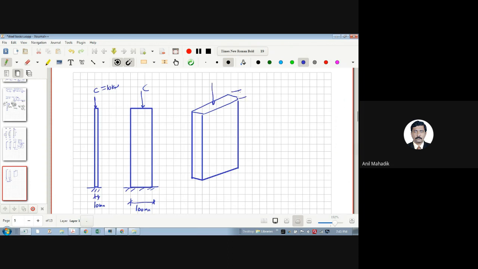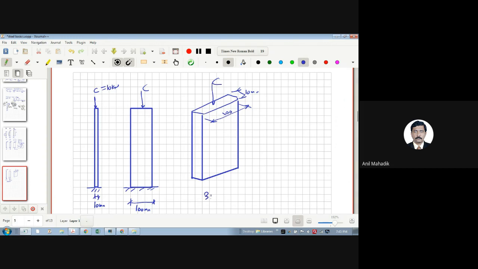This dimension is 10 mm and this dimension is 100 mm. So if you apply the compression force, how will it buckle?